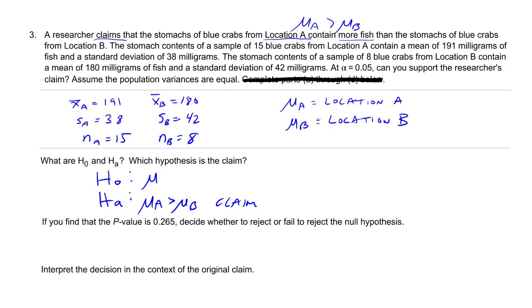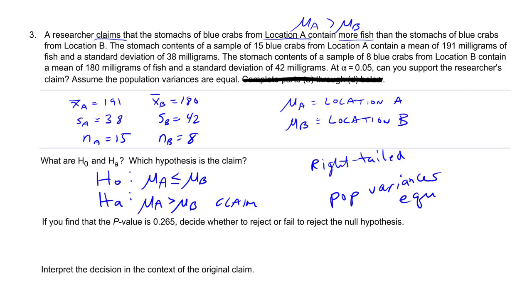Hence, mu A less than or equal to mu B would be the null. Because we have mu A greater than mu B in the alternative, that's a right tail. And we were told that the population variances here are equal.